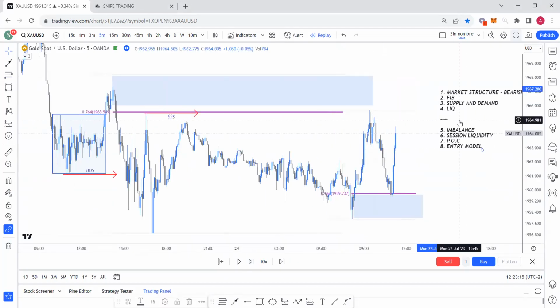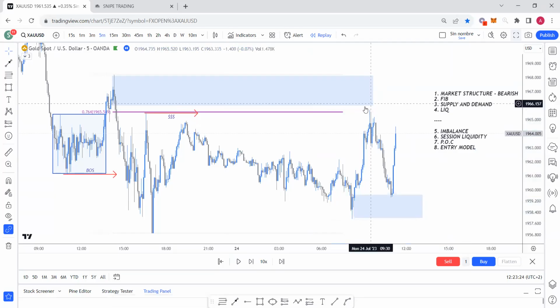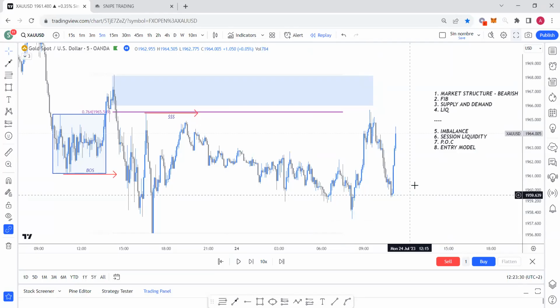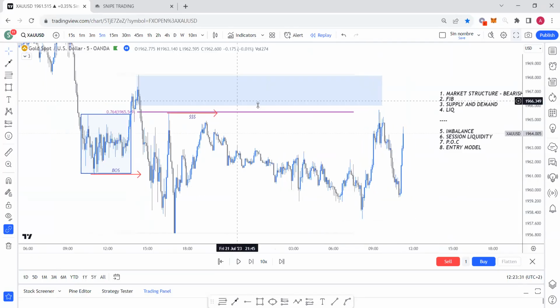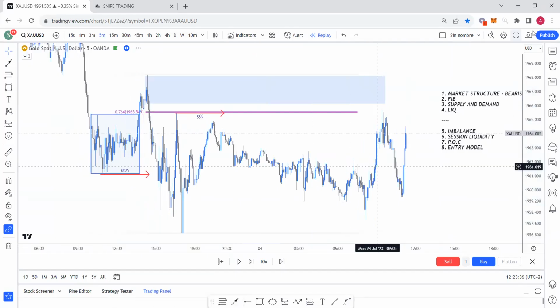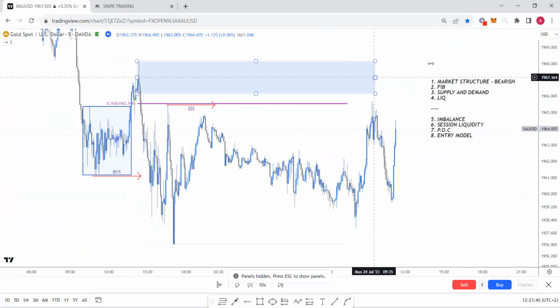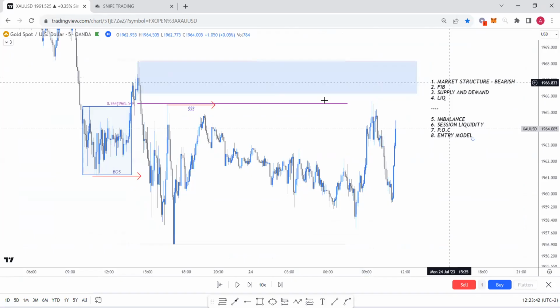But now, if we look again at the same confluences, at the same setup, and we focus on this zone above, which price did not tap in by very, very little. Right now, looking at the same confluences, we have market structure still bearish.